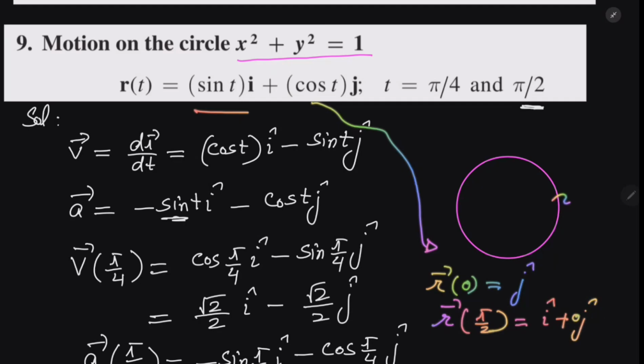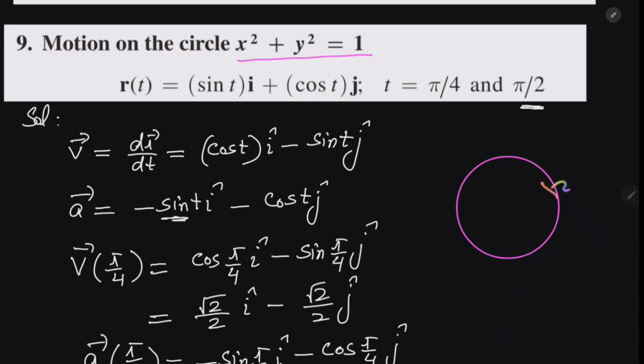So it means that the object is moving in this direction. First you get j, I'm sorry, not in this direction, the other way around. It is moving in this direction. So we identify the orientation, it is something like that.